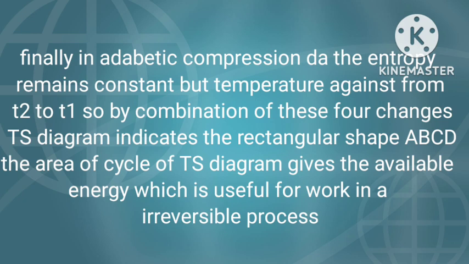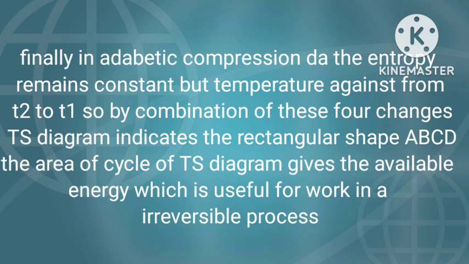Finally, in adiabatic compression DA curve, the entropy remains constant, but the temperature rises from T2 to T1. So, by the combination of these four changes, the TS diagram indicates a rectangular shape ABCD.